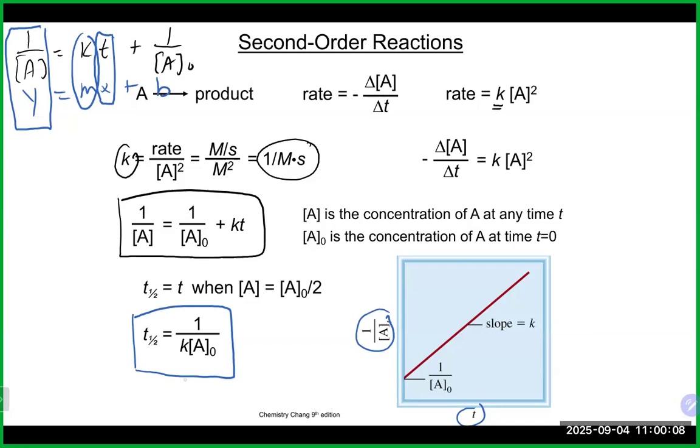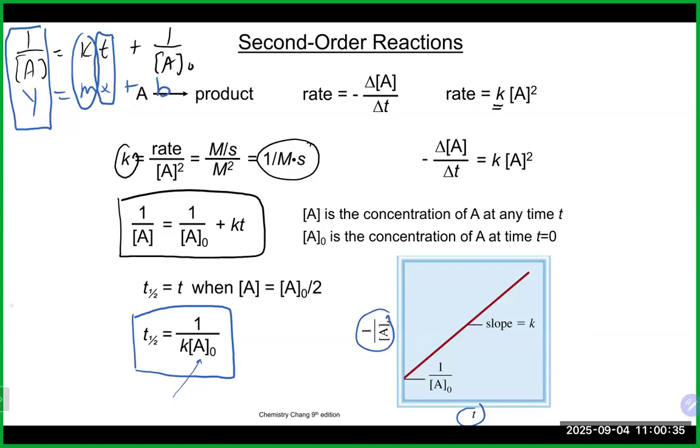Just logically speaking, if I end up with a really large initial concentration, will my half-life be larger or smaller than somebody with a smaller one? Just mathematically, if I put a really large number on the bottom, what do I end up with? If I take 1 over a large number, you end up with a small number.